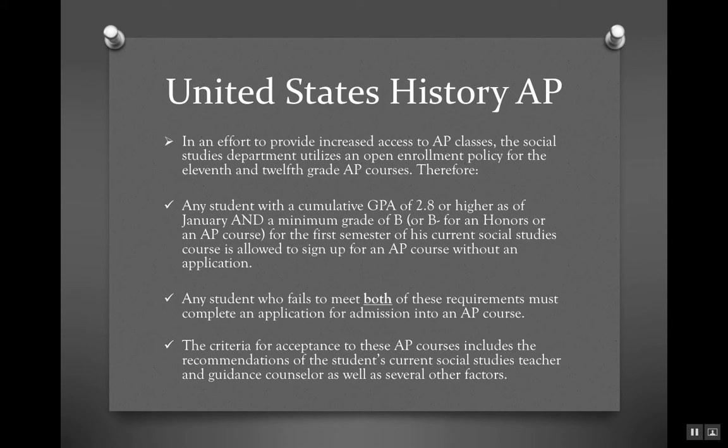That is, if he meets that cumulative GPA criteria of 2.8 and has that B, he will just simply enroll in USAP with his guidance counselor at the appropriate time.